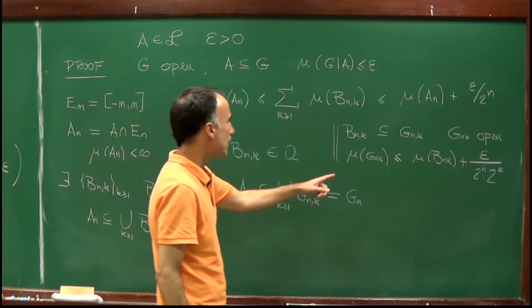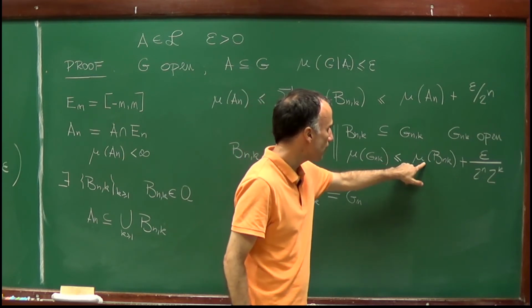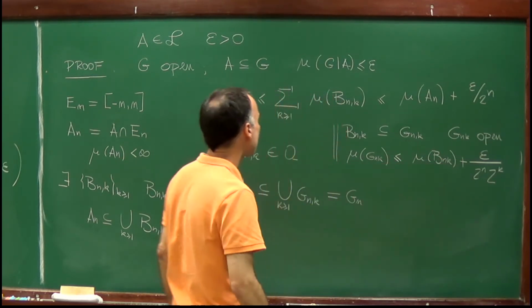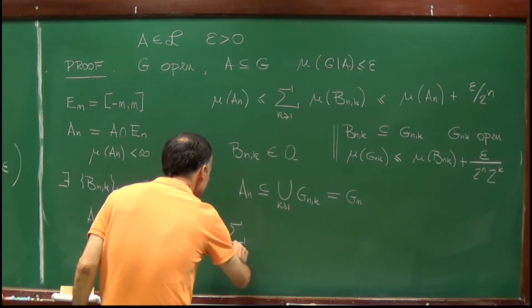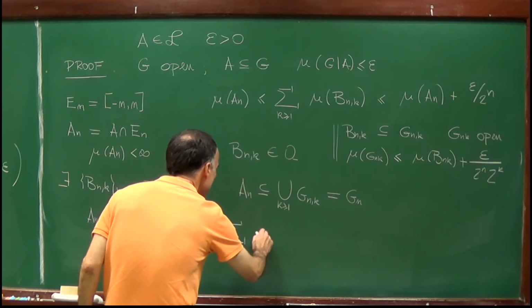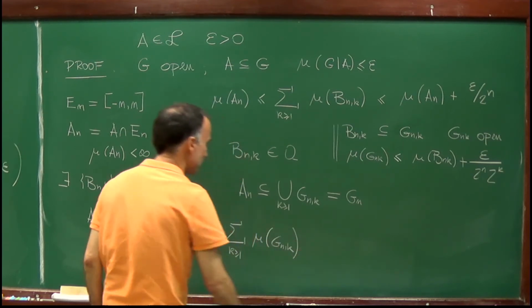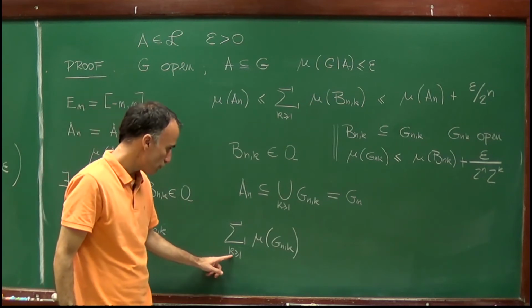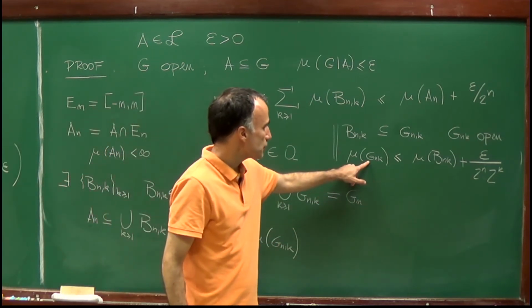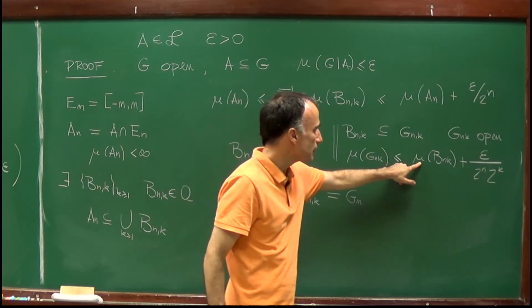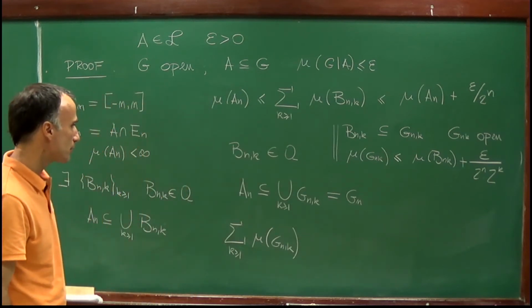And on the other hand, we have that the measure of G_n,k is bounded by the measure of B_n,k plus epsilon to the power divided by 2 to the power n to the power k.